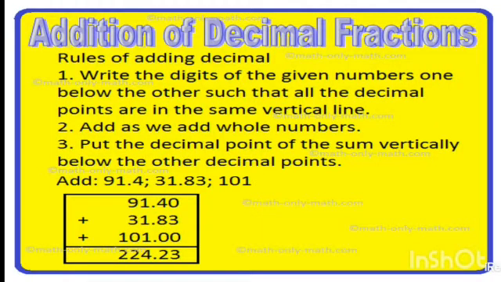So, for adding decimal fractions, there are some rules. What are those rules? First, write the digits of the given numbers one below the other such that all the decimal points are in the same vertical line. Means what? You have to put point under point.